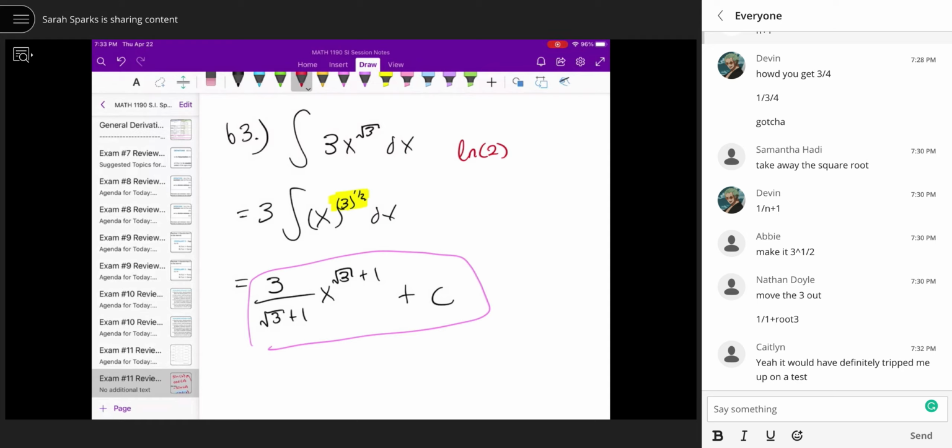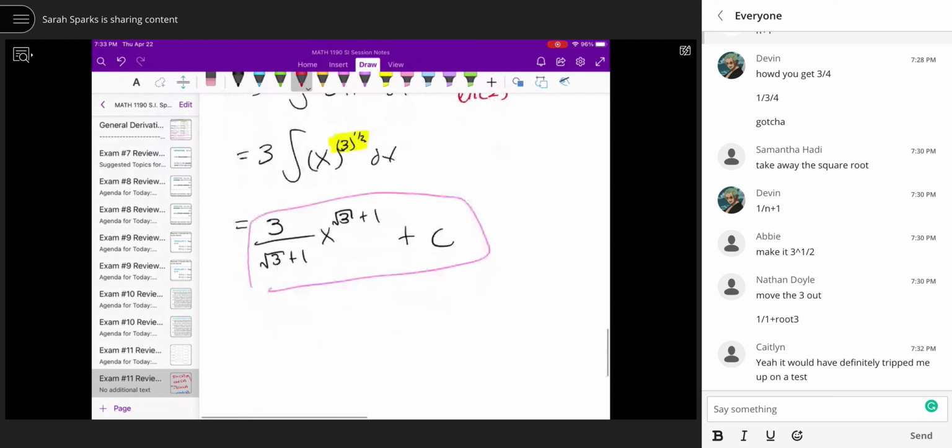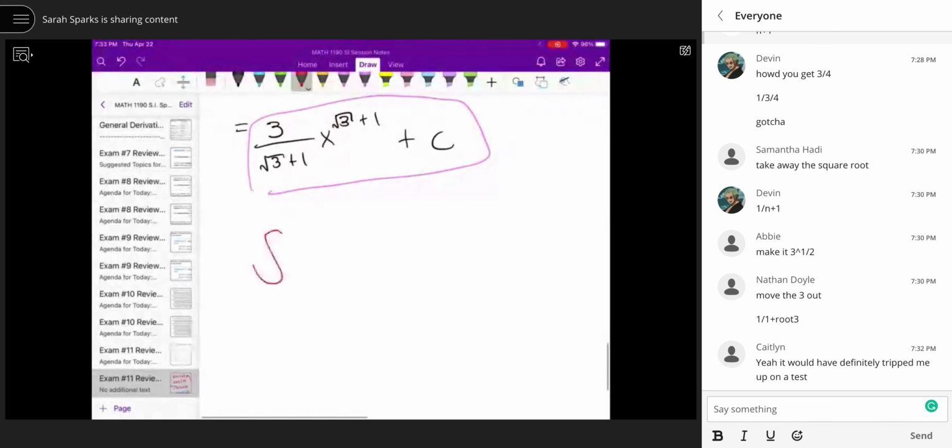Not from the book, but as an example, if we have the integral of x to the natural log of 2 dx, we would still do 1 over natural log of 2 plus 1 times x to the natural log of 2 plus 1, plus c. So it really doesn't matter, or if it was like x to the e without any other variable, it would be the same thing. It can just be any constant.